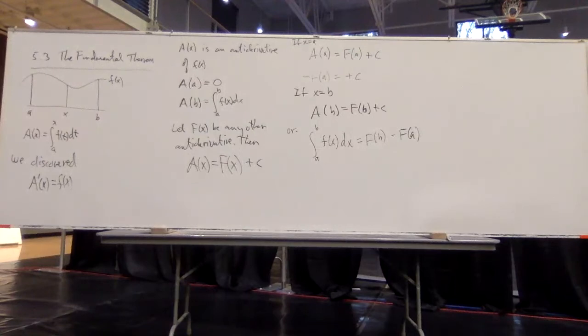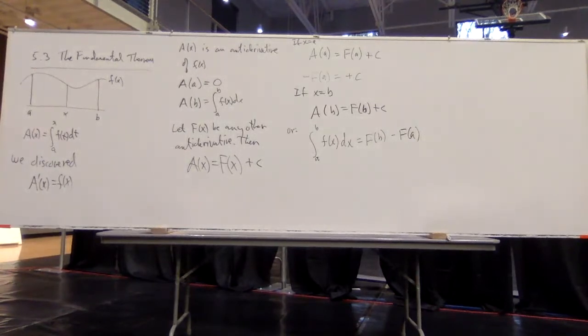So think about that for a few seconds. How can I find the value of a definite integral? First, I want the definite integral of a function little f. Right there, we say what it's equal to.